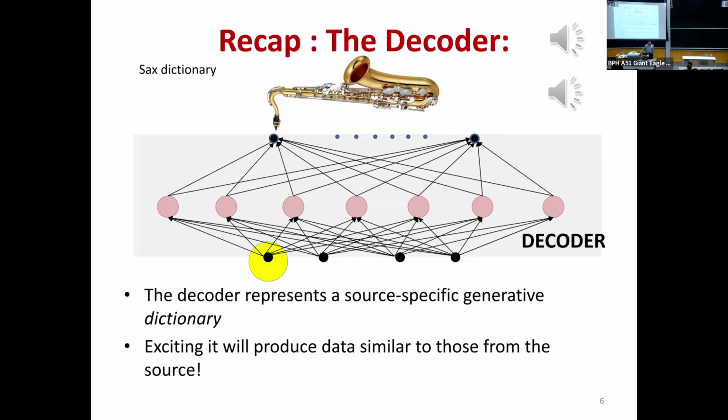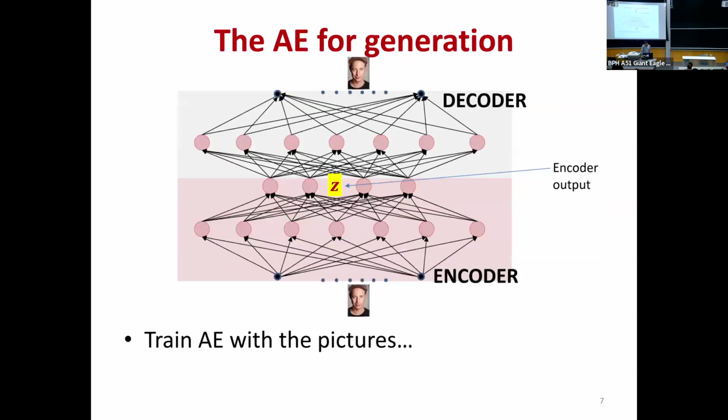And so we saw examples like in the case of music, where once I trained the autoencoder on samples of music, subsequently the decoder, when excited, produced new data which sounded like notes from the instrument that it was trained on, and so on. And so, using the same principle, we could assume that if I trained an autoencoder on lots and lots of collections of images, then this autoencoder is going to learn the curved manifold of image data.